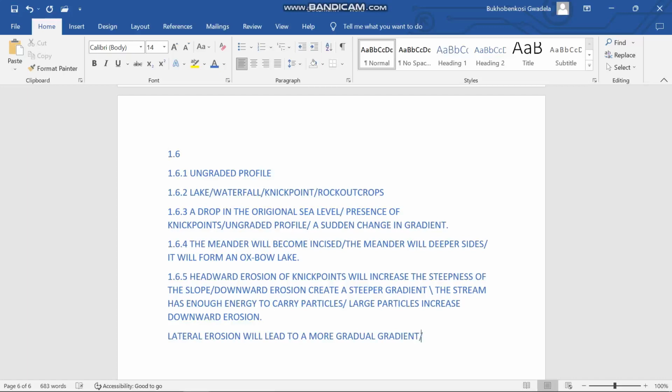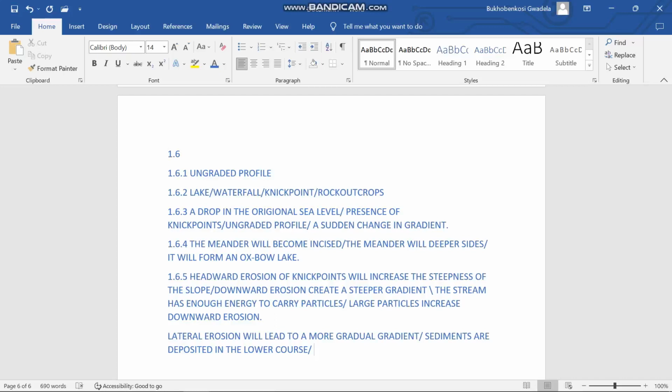Also, all of the eroded sediments are deposited in the lower course.